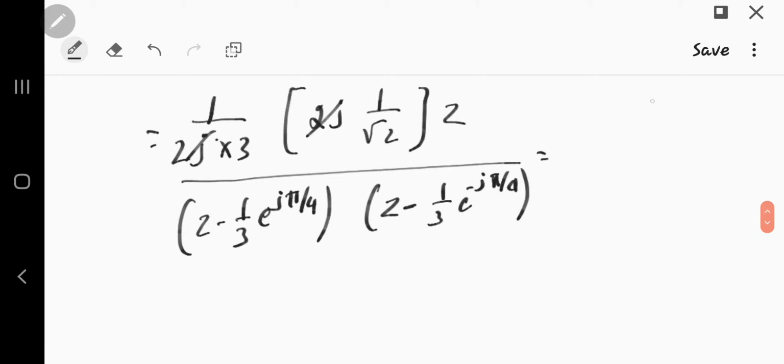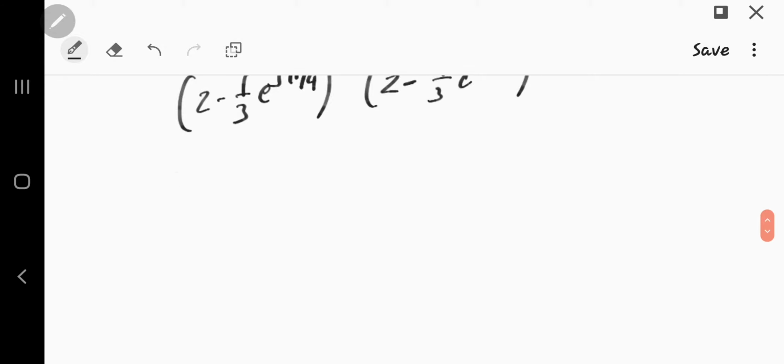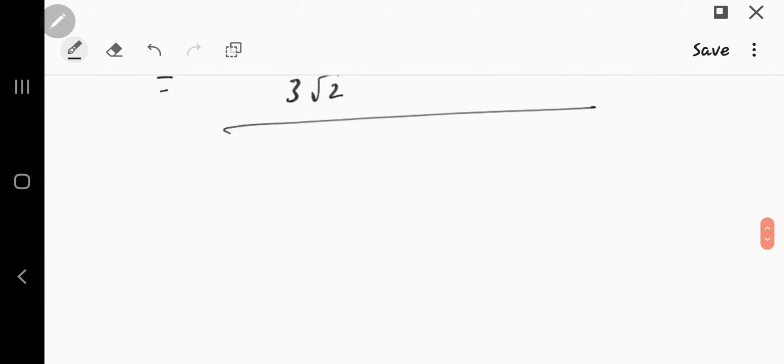So this is the solution: 1 divided by 3 into root 2 z divided by z minus 1 by 3 e power j pi by 4.